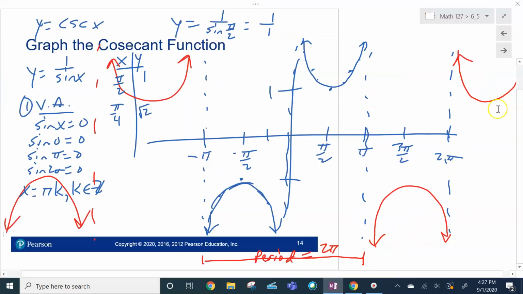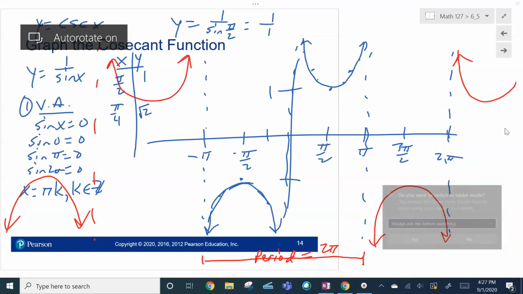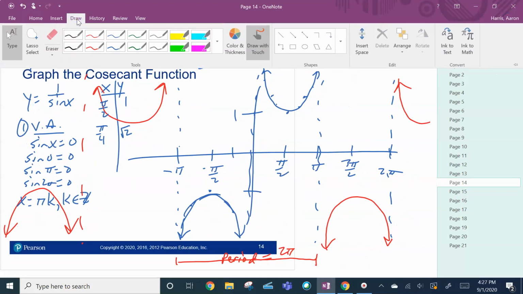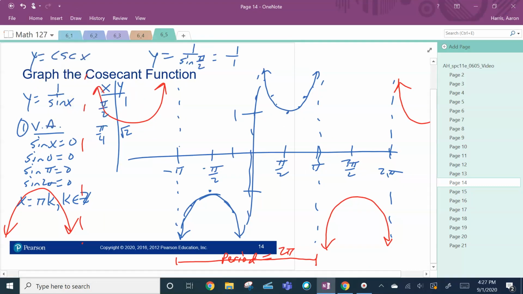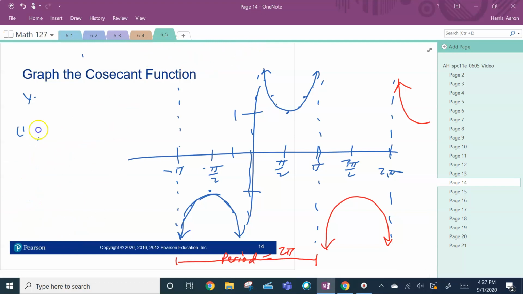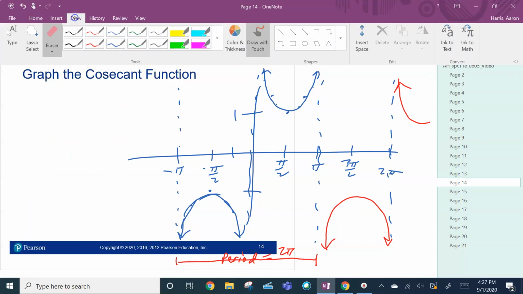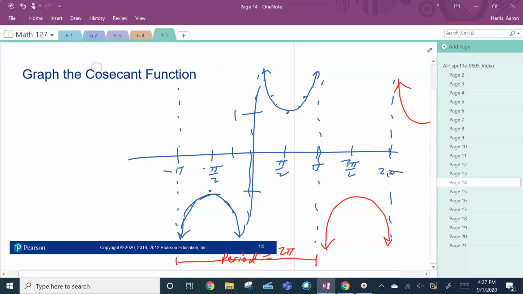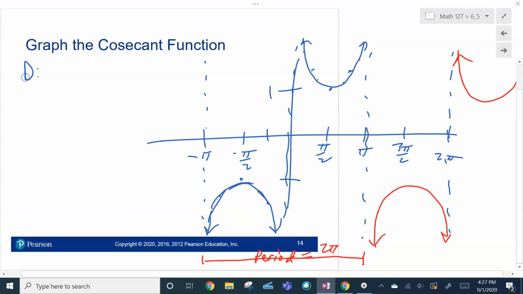All right. So our domain, all reals except for wherever these vertical asymptotes are, right?